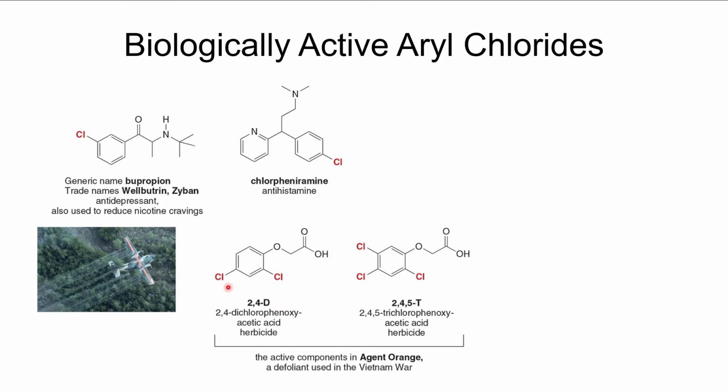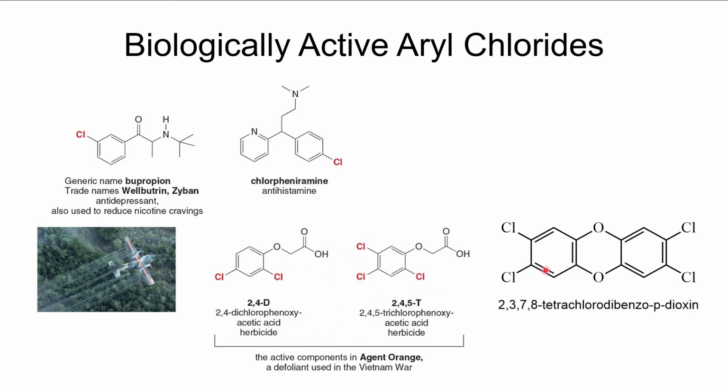These particular compounds are defoliating agents, so you can spray these on plants and it will kill the plants. They are particularly potent at killing the plants. Interestingly, these by themselves have relatively low reactivity and fairly low toxicity for humans. However, one of the byproducts is very dangerous, and so one of the byproducts when they're forming this, particularly this one, is that they get this dioxin.